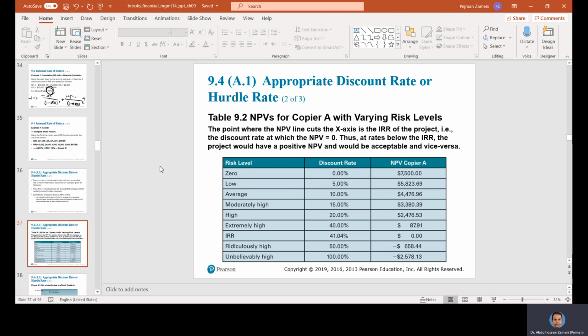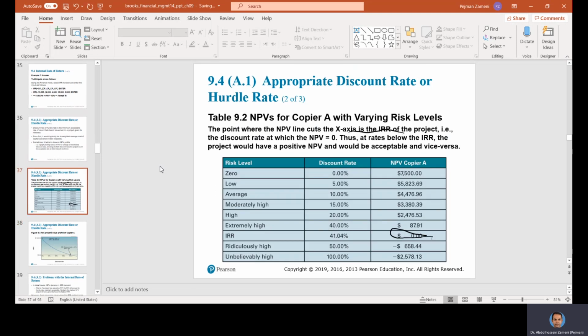The point where the NPV line cuts the x-axis is the IRR, which we have already covered. That is, the discount rate at which the net present value equals 0. Thus, at rates below the IRR, the project would have a positive NPV and would be acceptable, and vice versa.